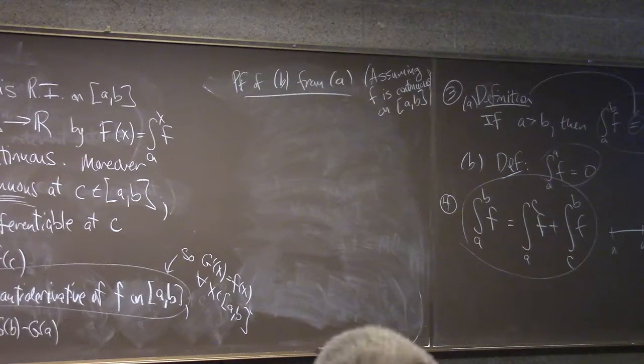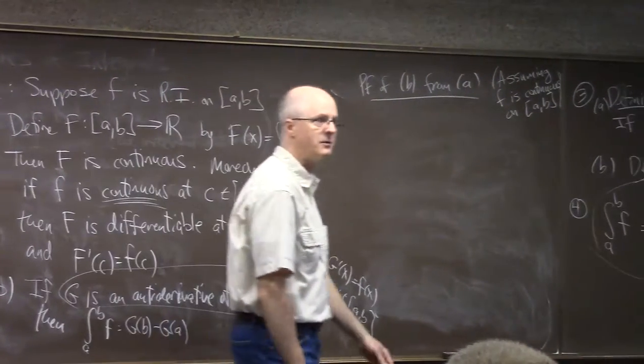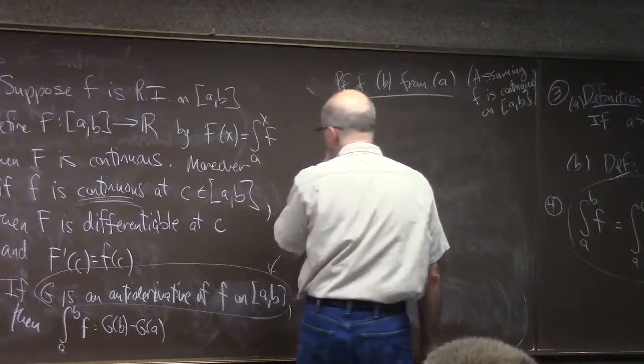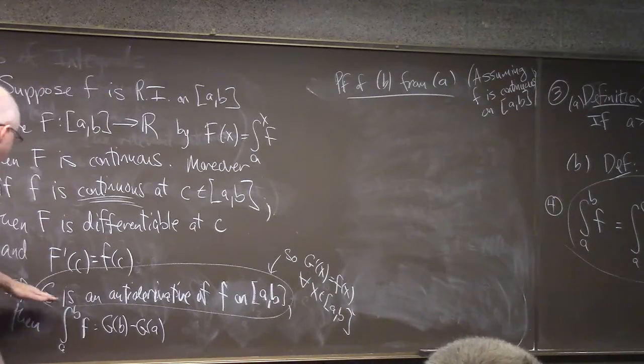So I can use part A is the idea here. I'm trying to use part A to prove part B. But if I'm going to use part A, I'm going to need little f to be continuous. And that is what the book says to do in number 14, is assume little f is continuous. So what do we do? Okay, so I'm assuming capital G is an antiderivative of little f. I want to show that this equation right there is true.